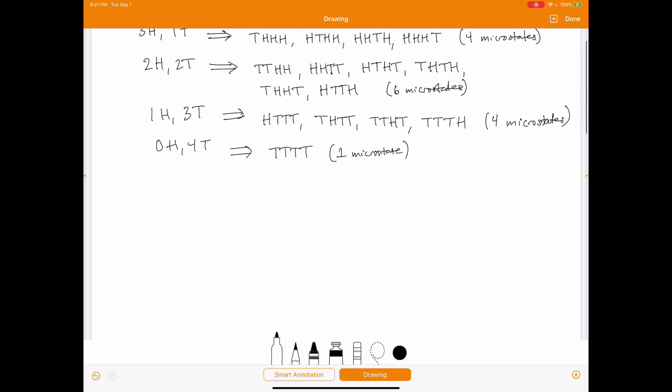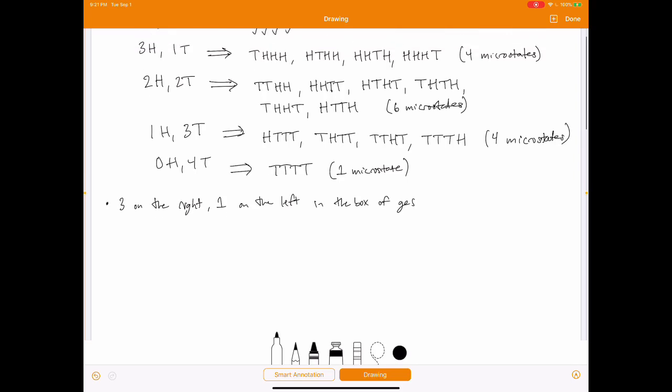So let's say we're thinking about the case where we have 3 on the right and 1 on the left. So 3 molecules on the right, 1 molecule on the left in the box of gas.